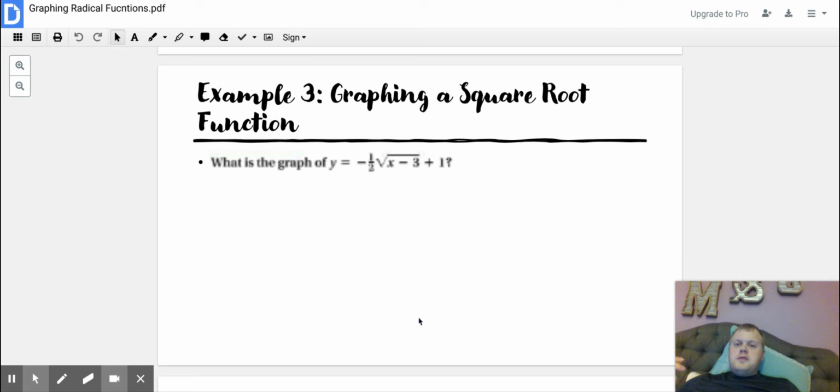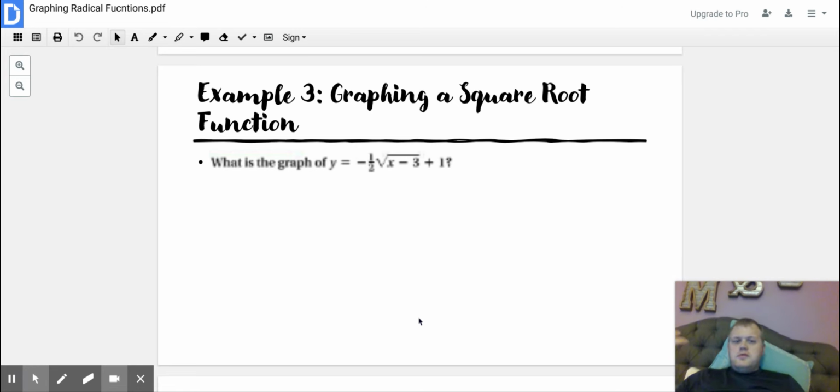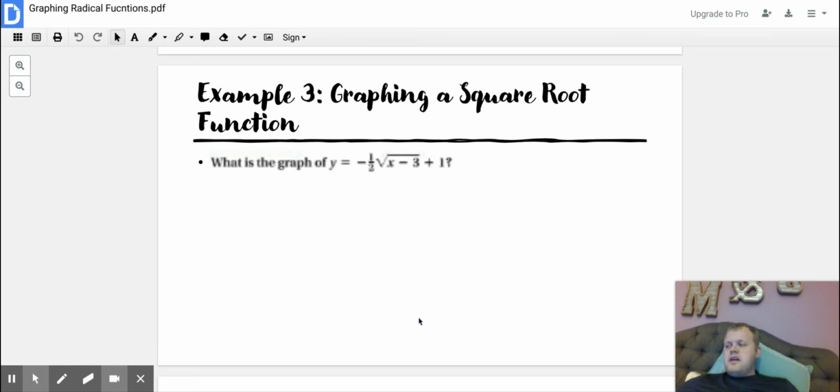That this graph is going to shrink. All right, so we know it's going to shrink because our a is less than 1. If a is bigger than 1, so 2, 3, 5, whatever it may be, it's going to stretch. Stretch or shrink, those are the two terms we're going to be using here, okay?